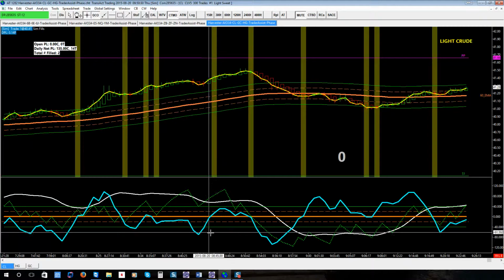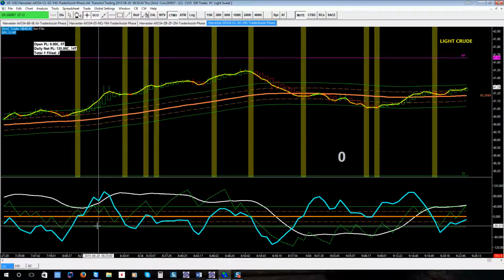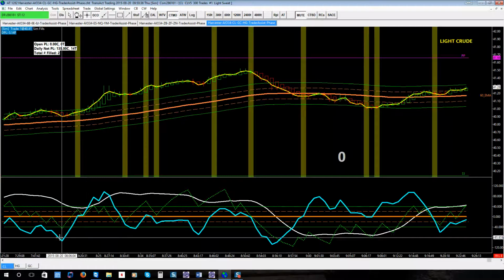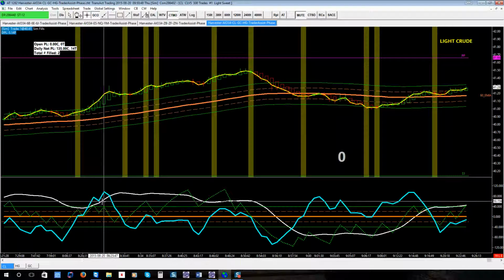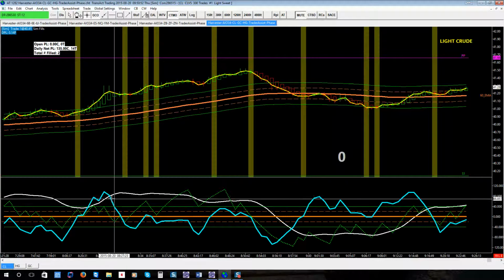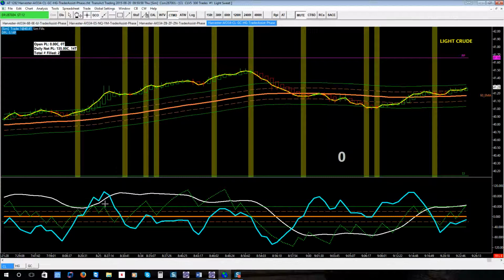So, bottom line, as sprinters, what we do is watch this modified blue. When the blue, if your calibration is set correctly, pops out of the upper mids, go take that long. When the blue turns against you, or in this case crosses down onto the white MACD line, get out. And that's the sprint that we would make money on.